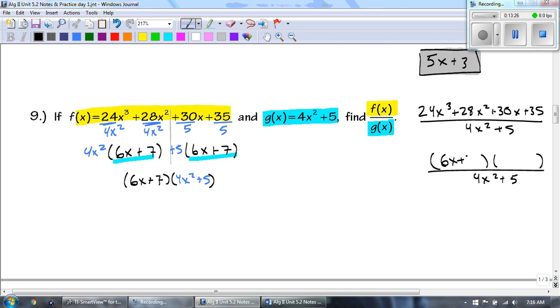So 6x plus 7 over 4x squared plus 5. My 4x squared plus 5 and my 4x squared plus 5 cancel, and I'm left with 6x plus 7. And that's my final answer.